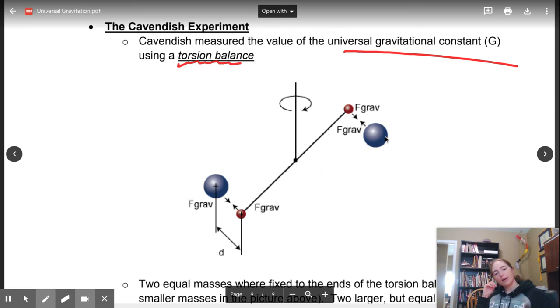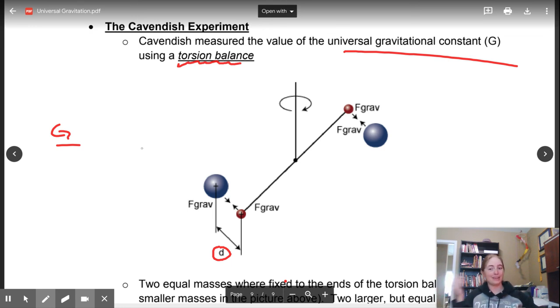He knew the exact mass of these, he calculated their mass, and he knew how far apart they were. He knew the radius. So the only thing he didn't know was big G.